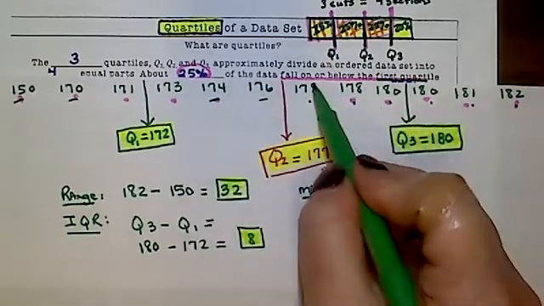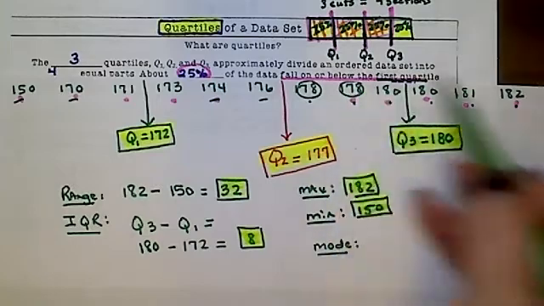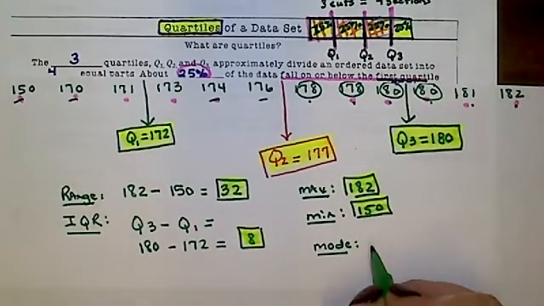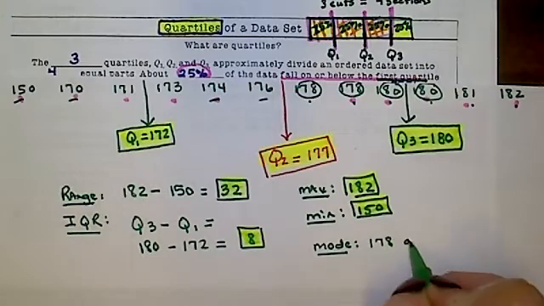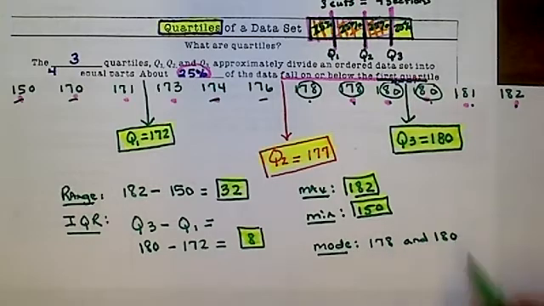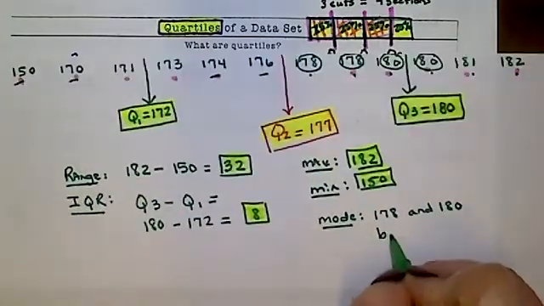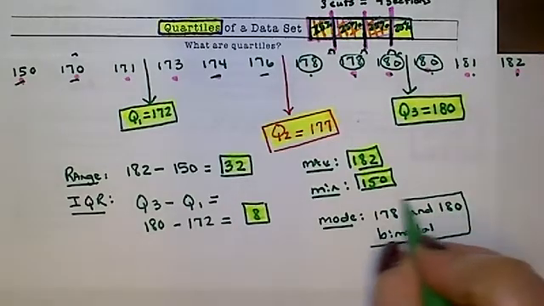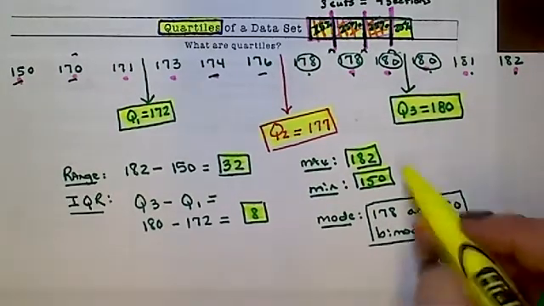With this one, we have 178 occurring twice and 180 occurring twice. So your mode would be 178 and 180, and that's called bimodal because you have 2 modes.